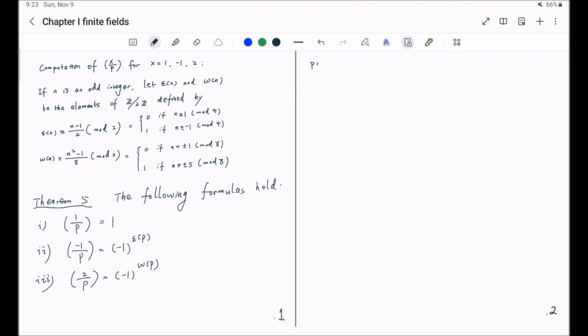And now let's prove this. Number 1 is clear, because if x is just 1, then its power of (p minus 1)/2 is also 1. So this is just 1.